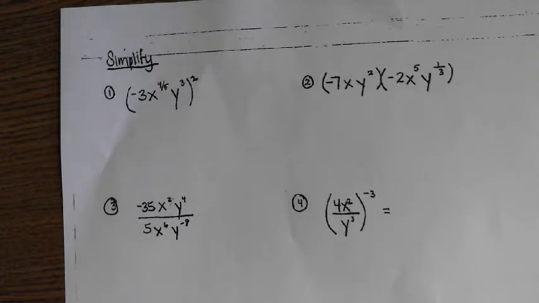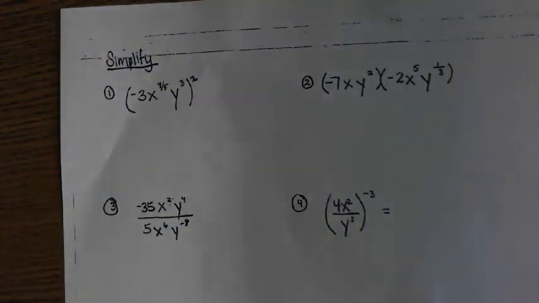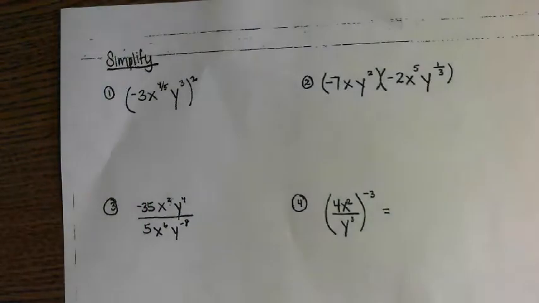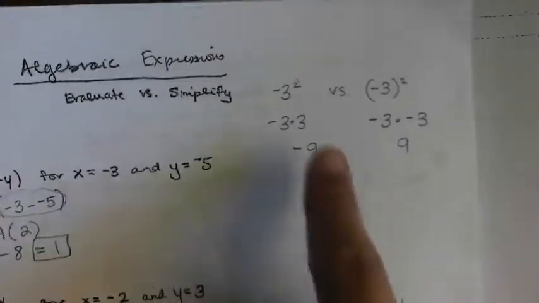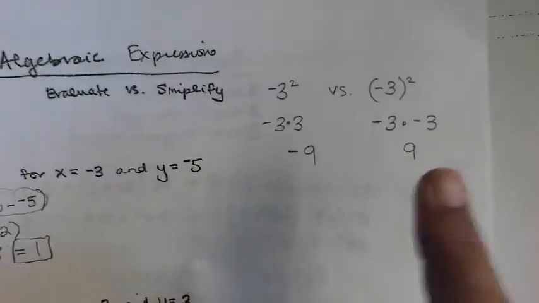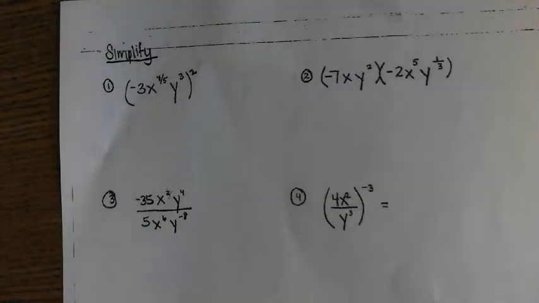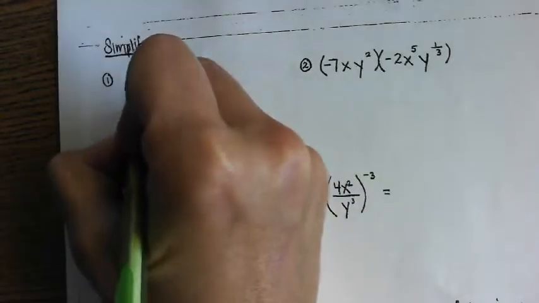What's -3 times itself? +9, yes. So that negative, and we did talk about this yesterday, right? Oh yeah, we did. See, I have my notes from yesterday. We talked about whether or not that negative is in those parentheses getting squared itself, and it definitely is in those parentheses. So we square that, we get +9.